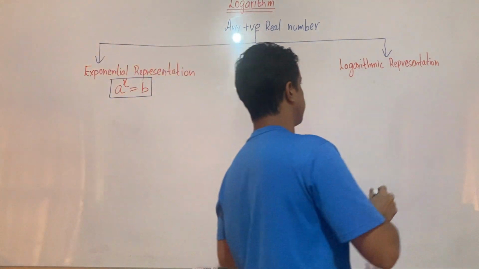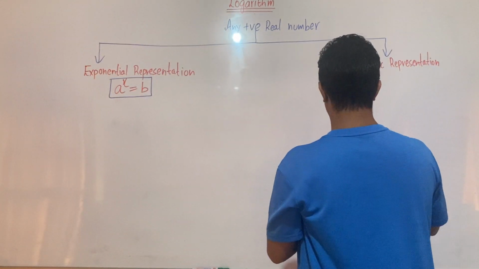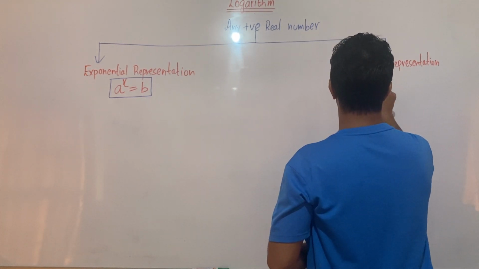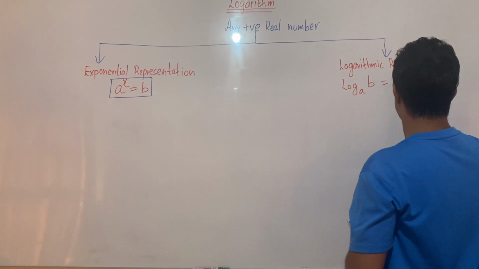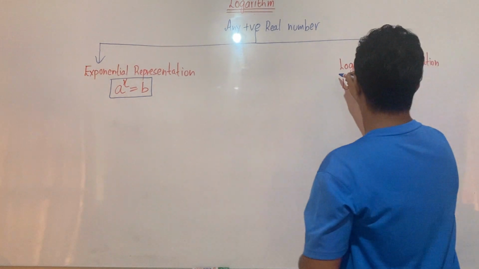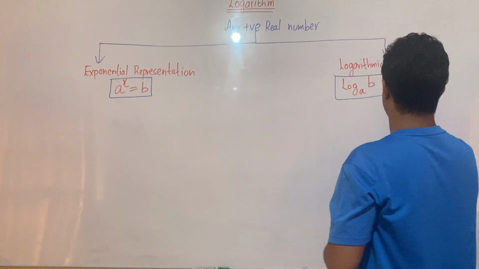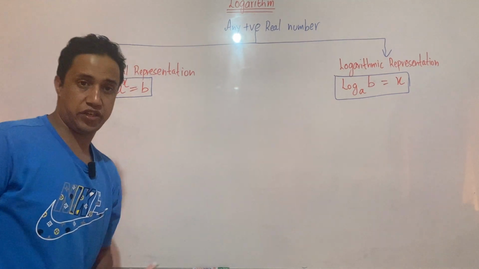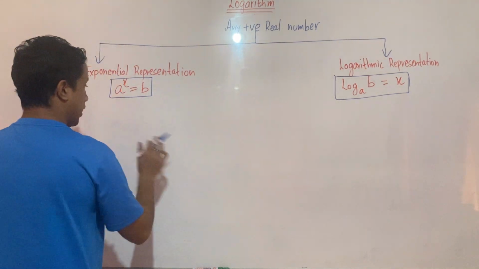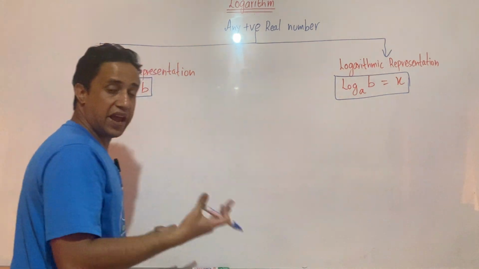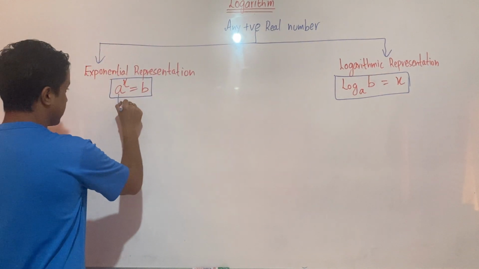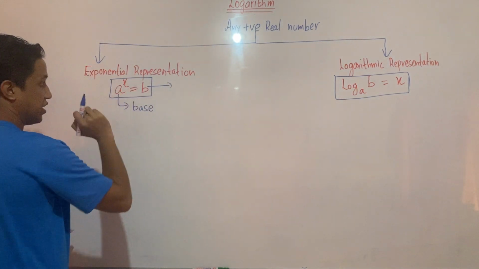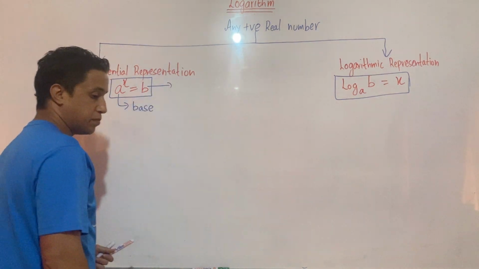And the logarithmic representation is of the form log b to the base a equals x. Now let's define the components here. In exponent functions we call a the base, and what is b?